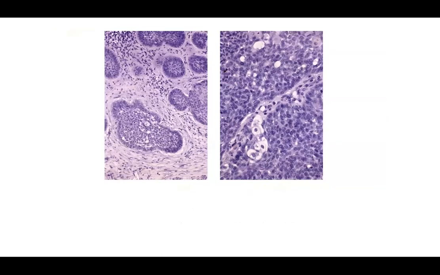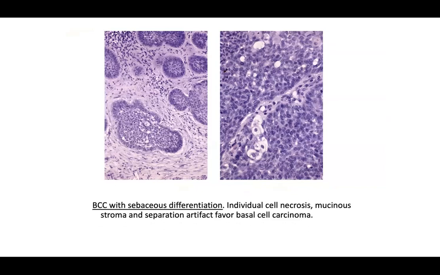What's your diagnosis? This is a basal cell carcinoma, but it has sebaceous differentiation. So you see this really well circumscribed basaloid proliferation with peripheral palisading, but in the middle of them, you have some areas of sebocytes. So sometimes basal cells can just spawn off sebocytes, interestingly.